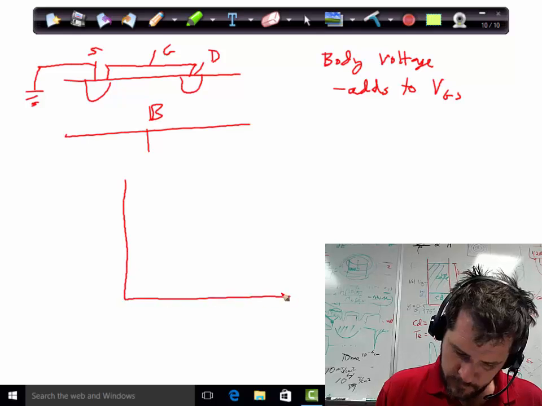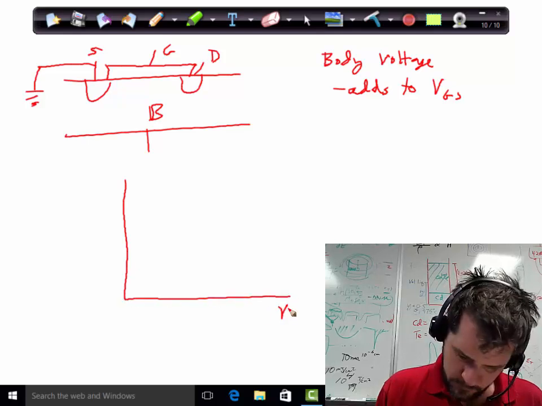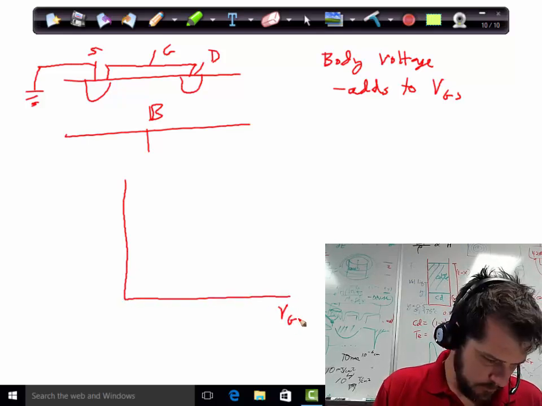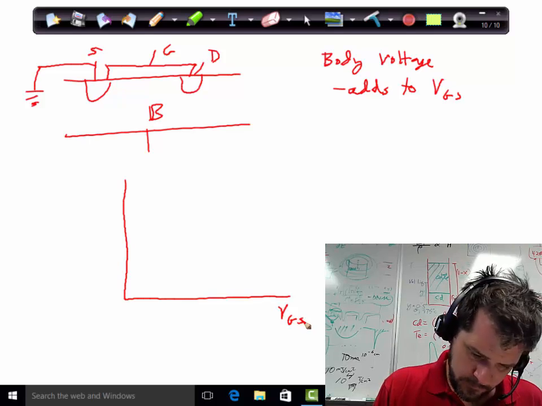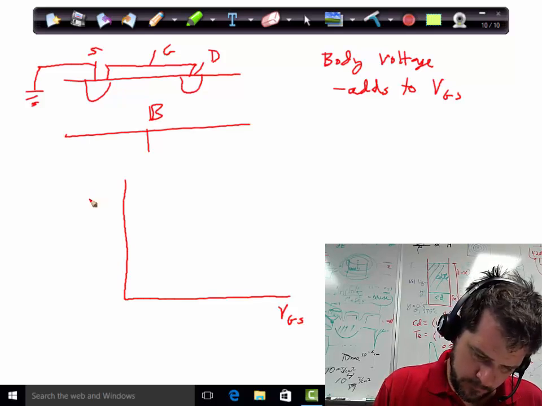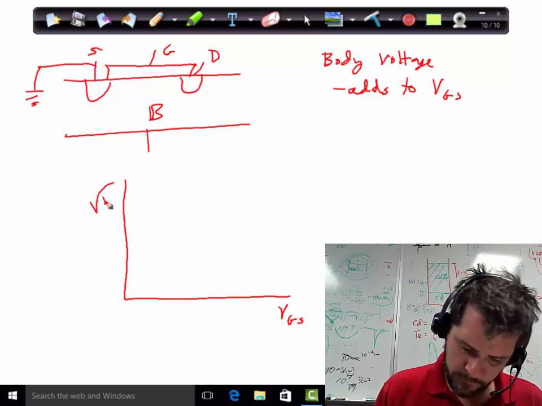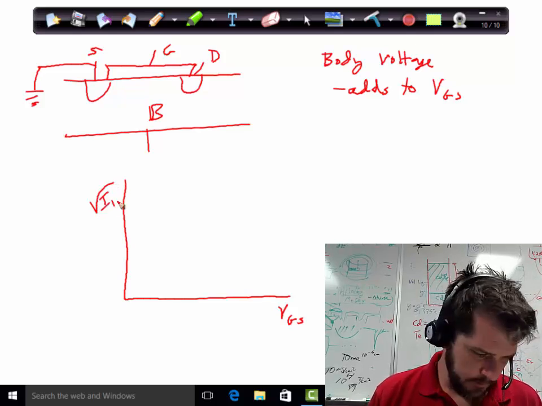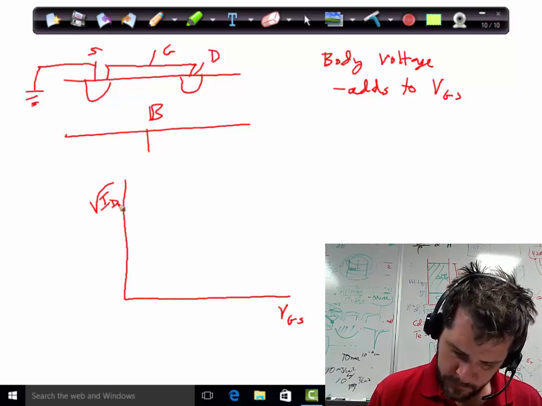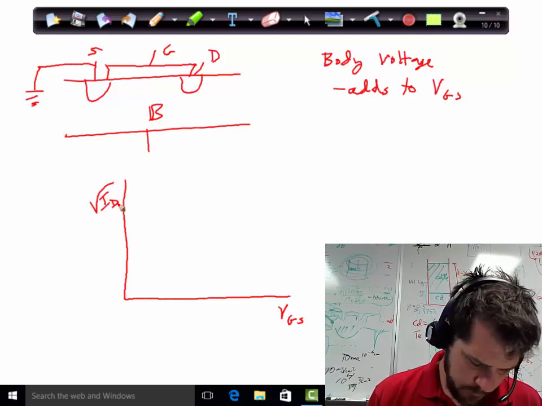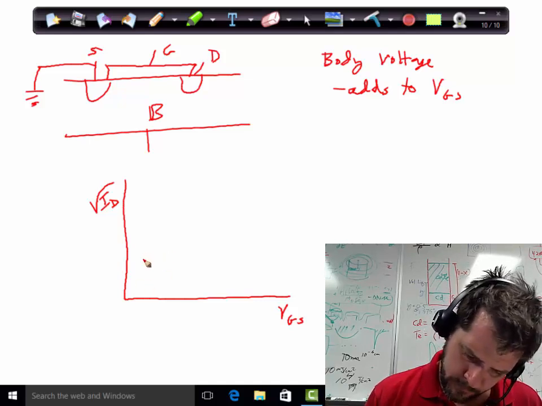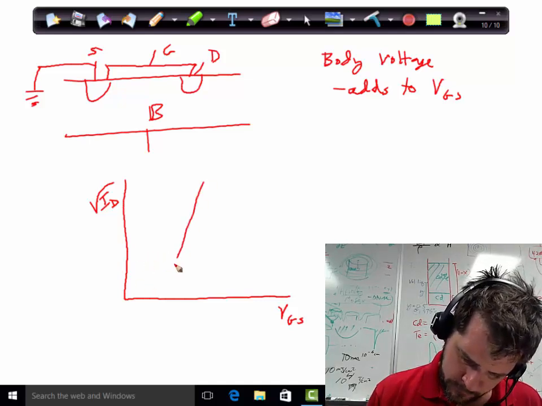So if we plot the V gate source versus square root of the current, so this is in the saturation regime, what we'll see is a family of curves.